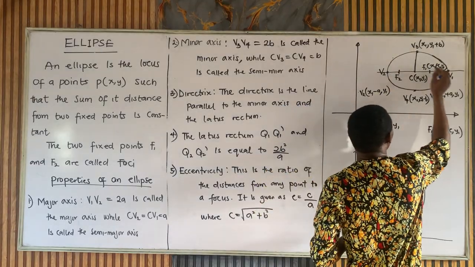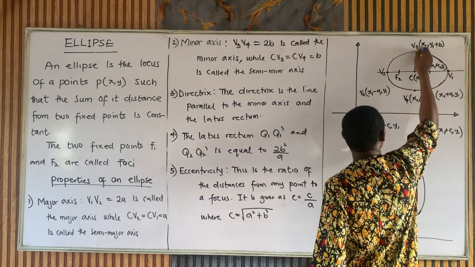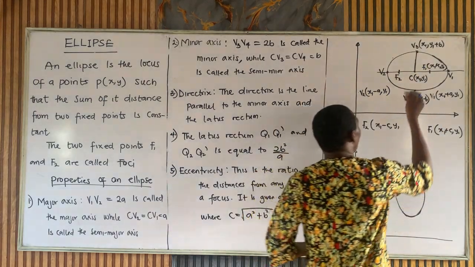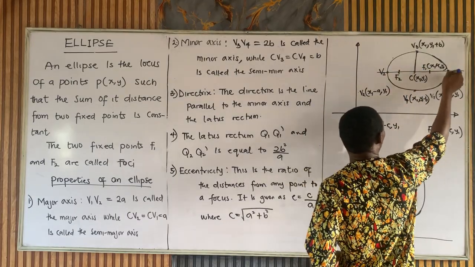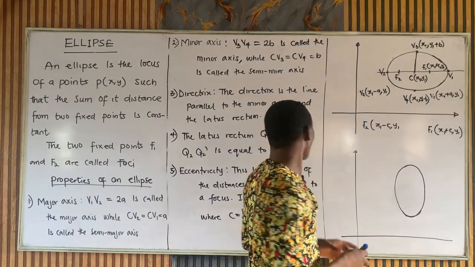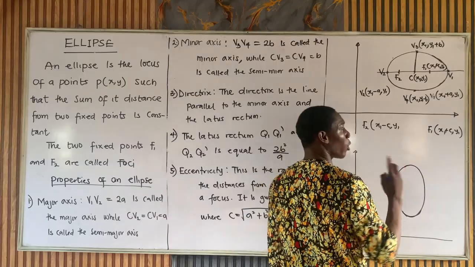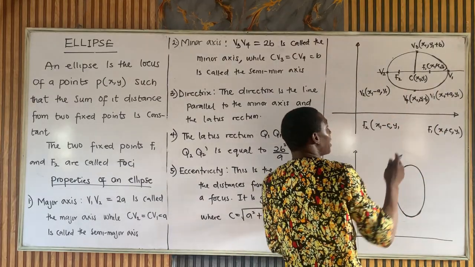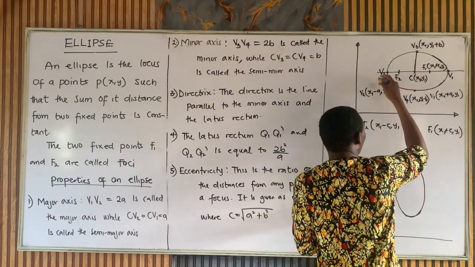And so that's about the focus and the vertices. The distance from here to here is our major axis, like I said. And the distance from V3 to V4 is our minor axis. From the center C to V1 or V2 is the semi-major axis, and it's just equal to A. Why V1 to V2 is equal to 2A, since from here to here is A, and from here to here is A. That's 2A from V1 to V2.